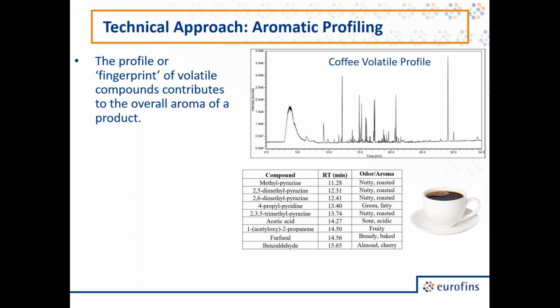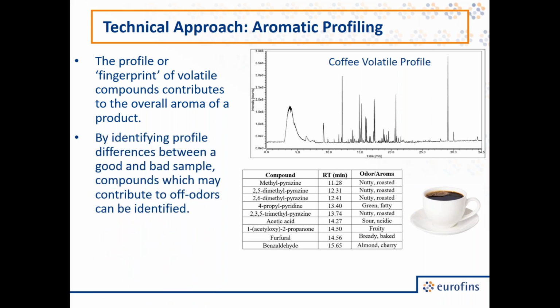And as you can see, a lot of them give nutty and roasted aromas, which you would expect for a coffee-based product. However, we're also seeing green and sour and fruity aromas, which help contribute to the overall body of the product. And so it's not just one or two compounds that contribute to the flavor and aroma of a product, but a wide variety of different ones taken together in their different relative amounts.